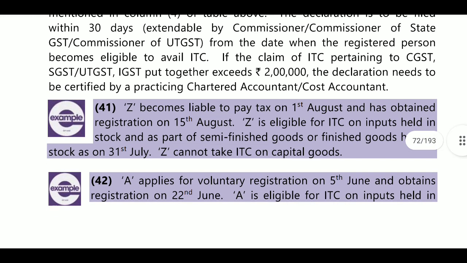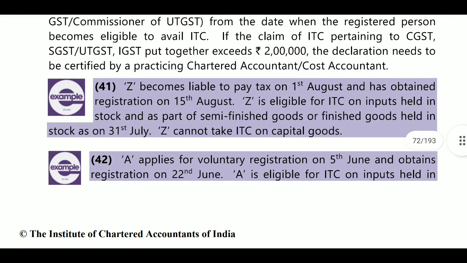For example, number 41: Z became liable to pay tax on 1st August and obtained registration on 15th August. So within 30 days he has taken the registration. Z is eligible for ITC on inputs held in stock and inputs contained in semi-finished or finished goods held in stock as on 31st July.